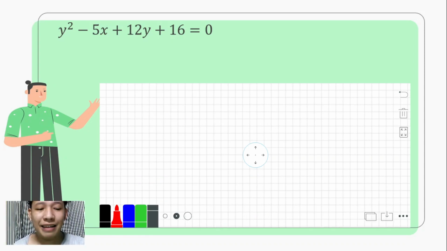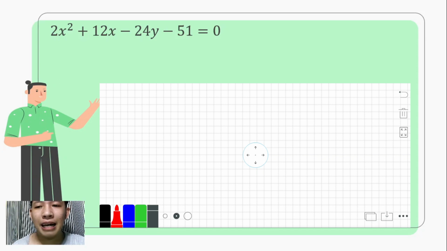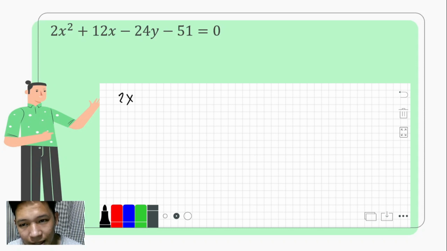Let us now have another example. Suppose we are given the general equation of the parabola 2x squared plus 12x minus 24y minus 51 equals 0. So, same process that we will do, just like what we did a while ago. First, we have 2x squared plus 12x minus 24y minus 51 equals 0.